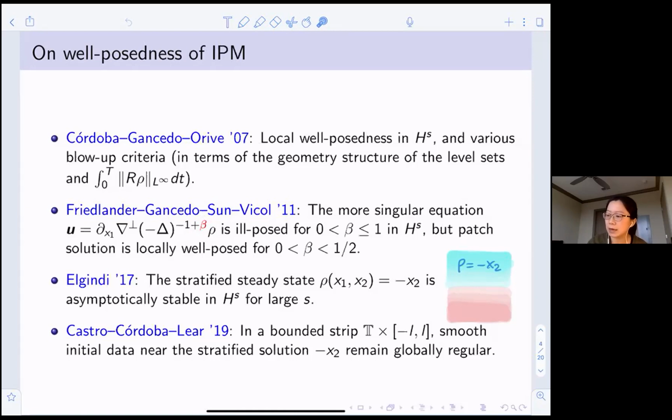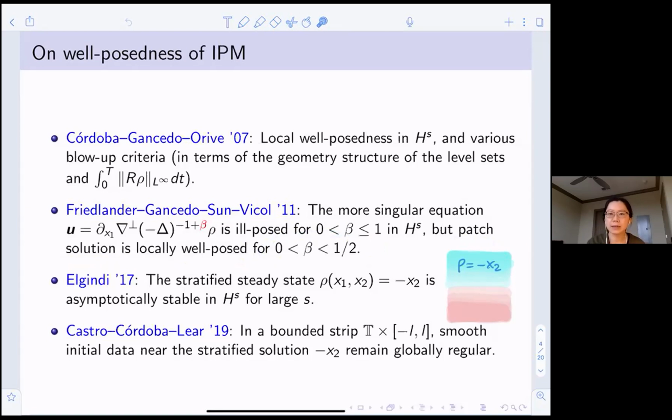They proved that this equation is ill-posed as soon as beta is bigger than 0, which has something to do with whether its Fourier symbol is an even or an odd operator, because for the SQG equation, one can make it more singular and still have the equation be locally well-posed, but not here. However, they proved that if one considers the patch solution, then such a solution is locally well-posed if beta is slightly bigger than 0.